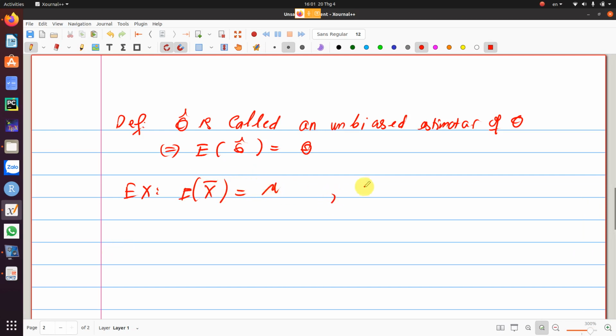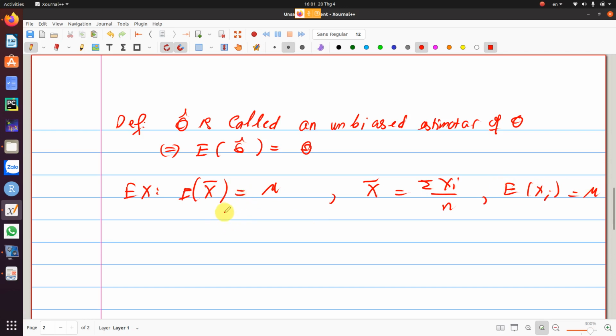Do you remember? X bar equals the sum of Xi over n, so if Xi has mean E of Xi equals mu, then E of X bar always equals mu.